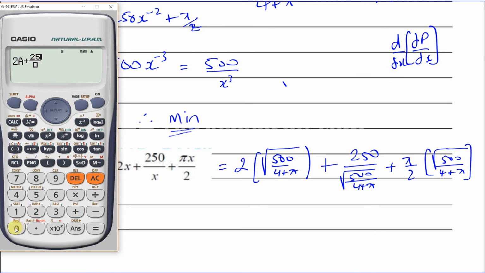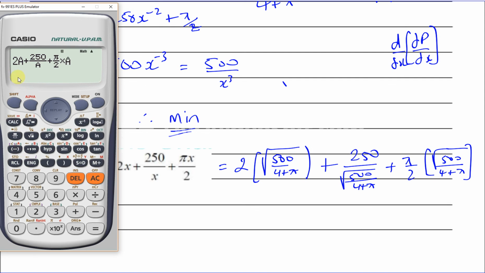This is a nice thing about this store button. So recall A, plus pi over 2 times A. You can put times if you want.